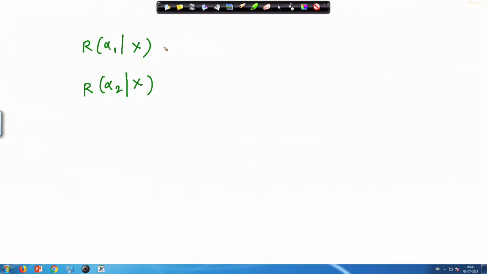So, this R of alpha 1 given x is nothing but lambda 1 1 p of omega 1 given x plus lambda 1 2 p of omega 2 given x. Here, lambda 1 1 is nothing but lambda of alpha 1 given omega 1.